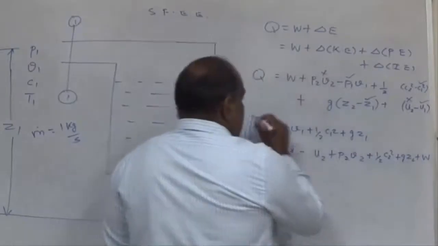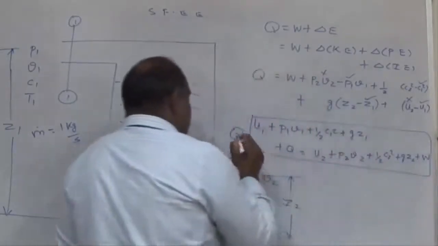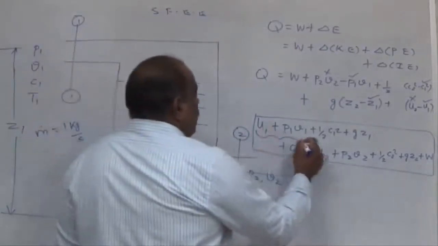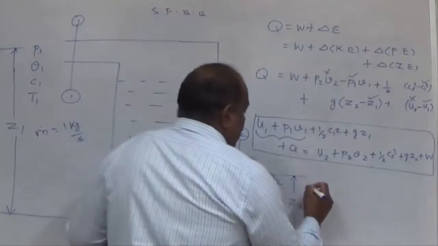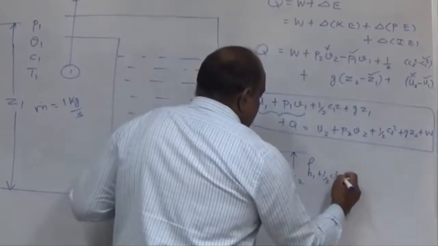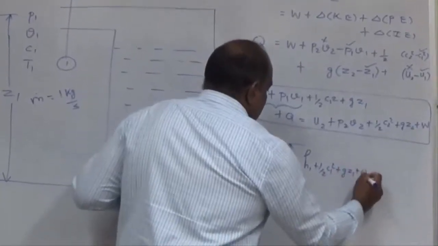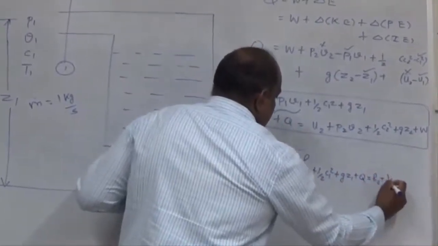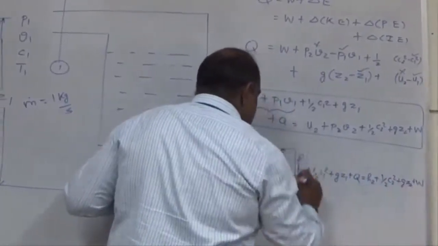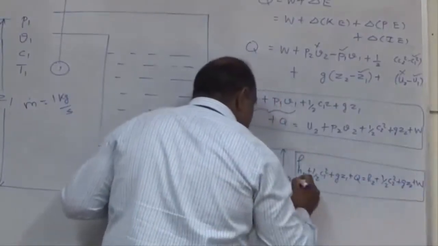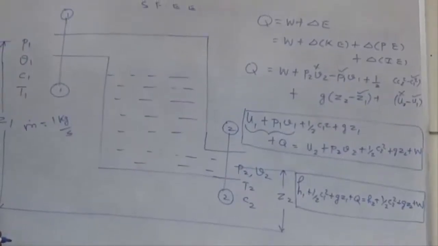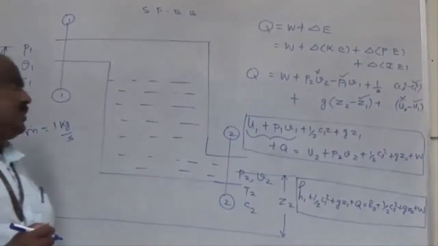This expression is nothing but the steady flow energy equation, which I did in the last session also. We know u1 plus p1 v1 is h1. So it is h1 plus half c1 squared plus g z1 plus q equal to h2 plus half c2 squared plus g z2 plus w. This expression is called the steady flow energy equation when the flow of fluid is considered as 1 kilogram per second, that is the mass flow rate is 1 kg per second.